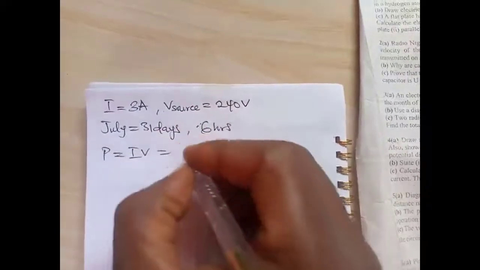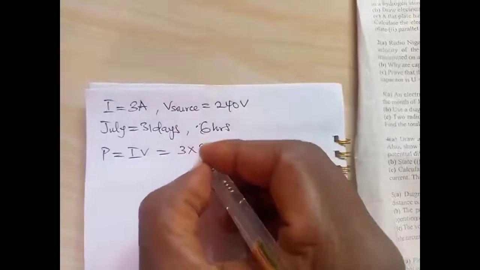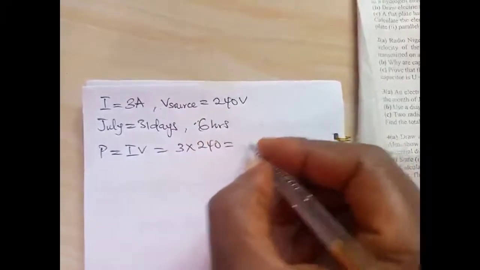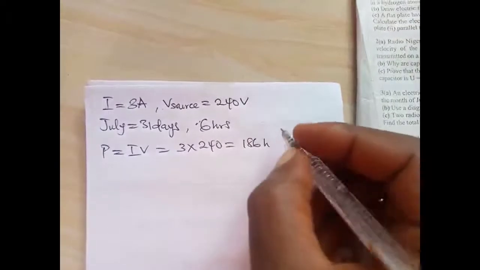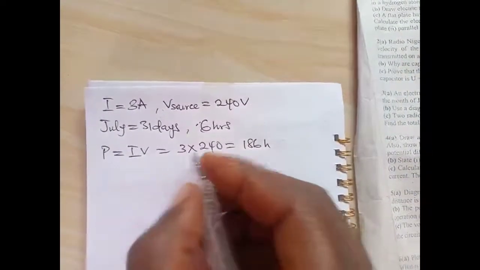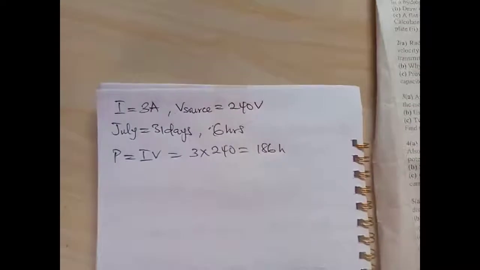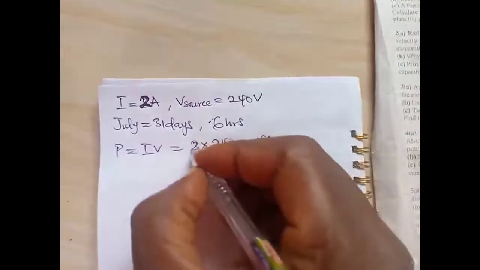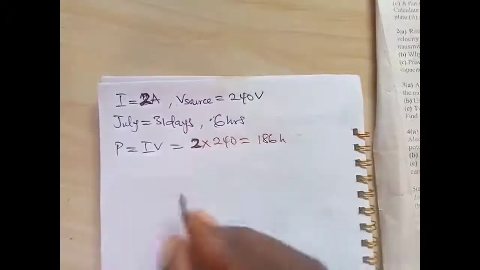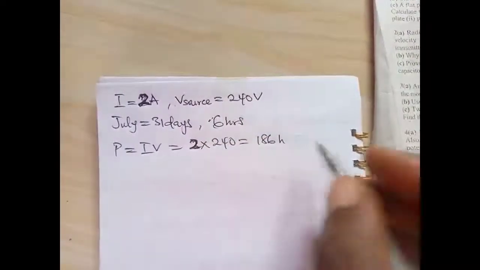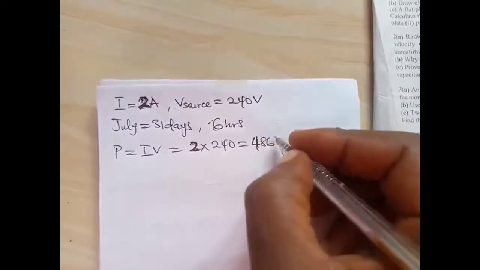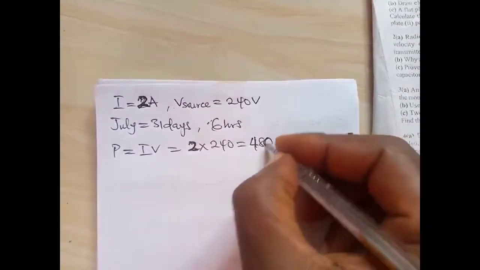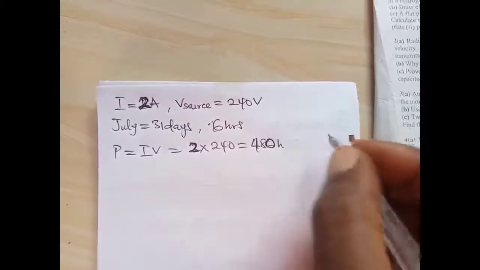Our I is 2, V is 240, which will give us 480 watts.